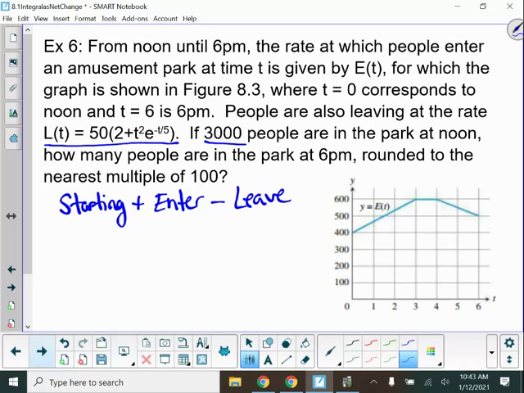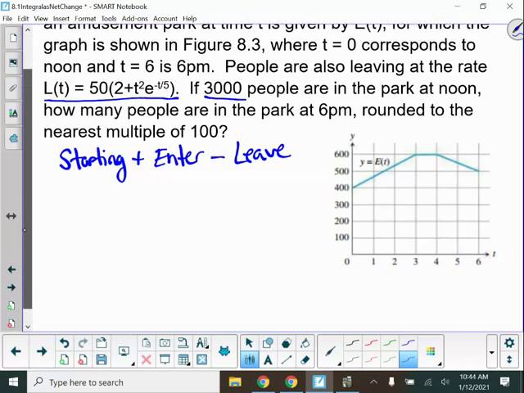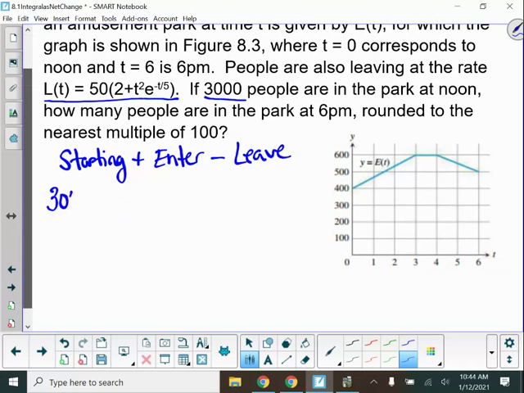It doesn't actually tell me how many people have entered, but I can use this to figure out how many people have entered. And this L of t equation is the rate that people are leaving, not how many people have actually left. So my starting amount is 3,000.